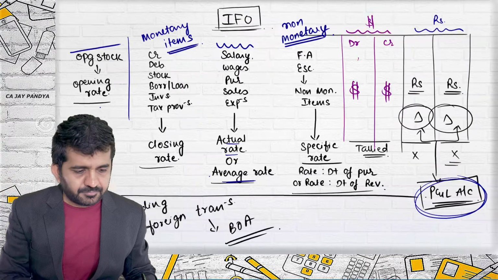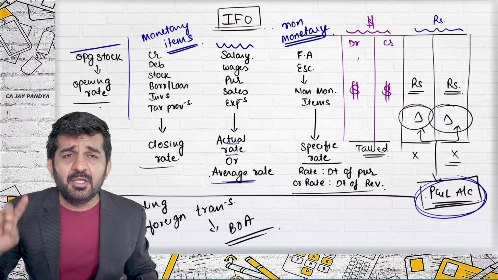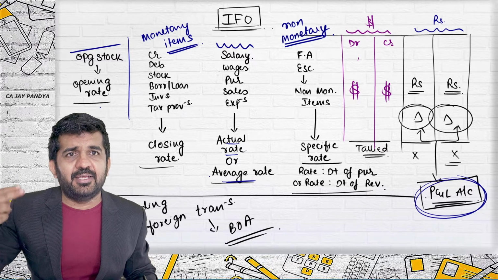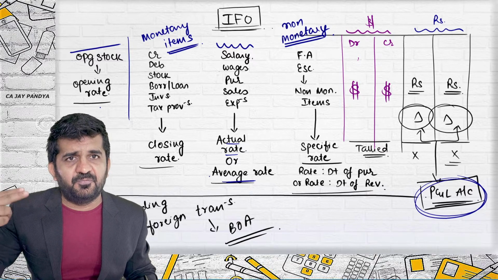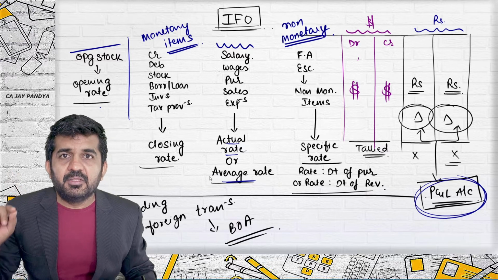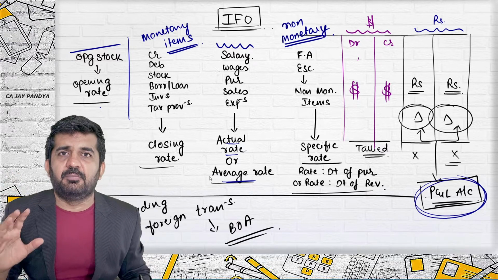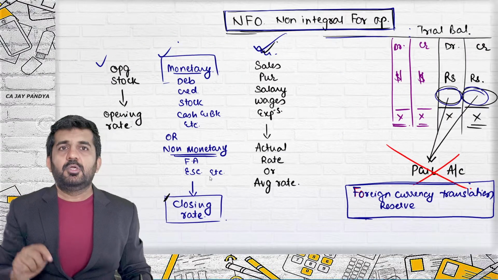Try to understand. If it is integral, monetary at closing rate, non-monetary at the rate of date of transaction or rate of date of NRV, the difference in trial balance due to currency fluctuation will be transferred to profit and loss account.